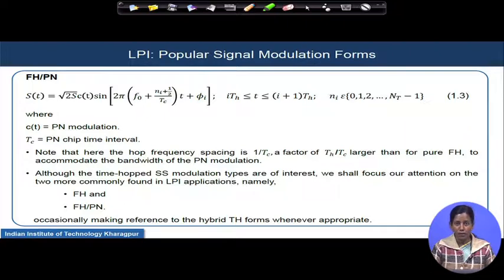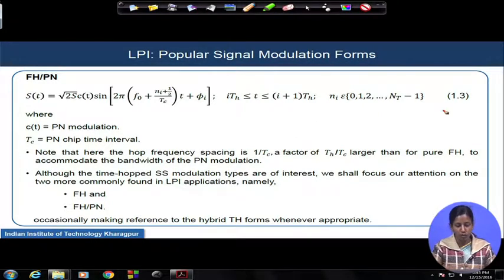For FH/PN, the frequency hopping and direct sequence combined hybrid scheme, the transmitted signal format should look like expression 1.3, where ct is the extra term brought in, which is a PN modulation. The pseudo noise is the contribution coming from the pseudo noise direct sequence PN sequences.